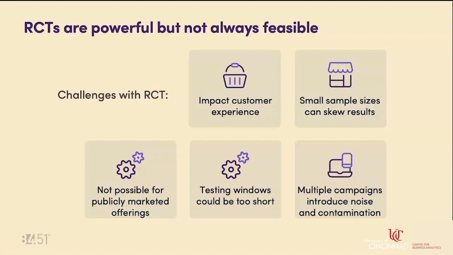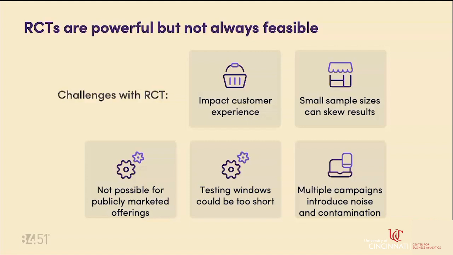And then lastly, there can be multiple campaigns. Like I said, I want to send an email to 1 million people, but there might be 50 other campaigns being run by other teams within 8451, within Kroger, that are also communicating to a subset of those customers or have a large overlap with those customers.